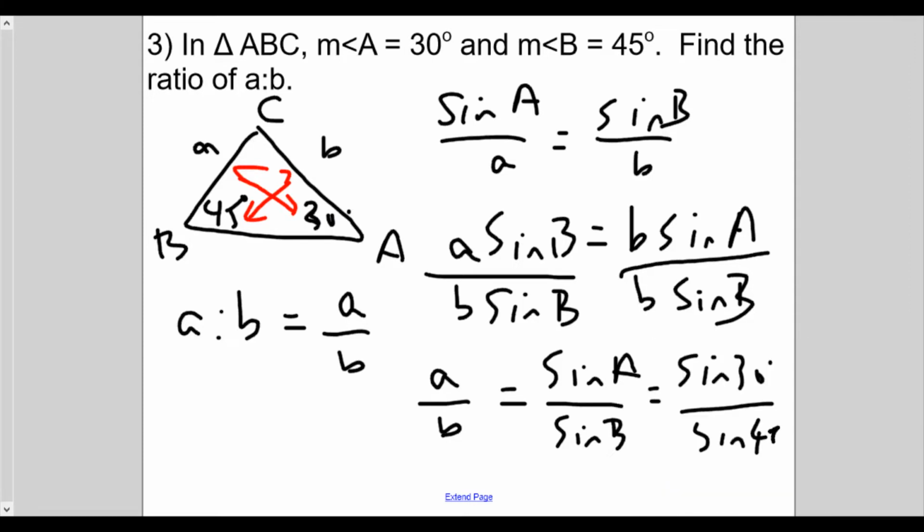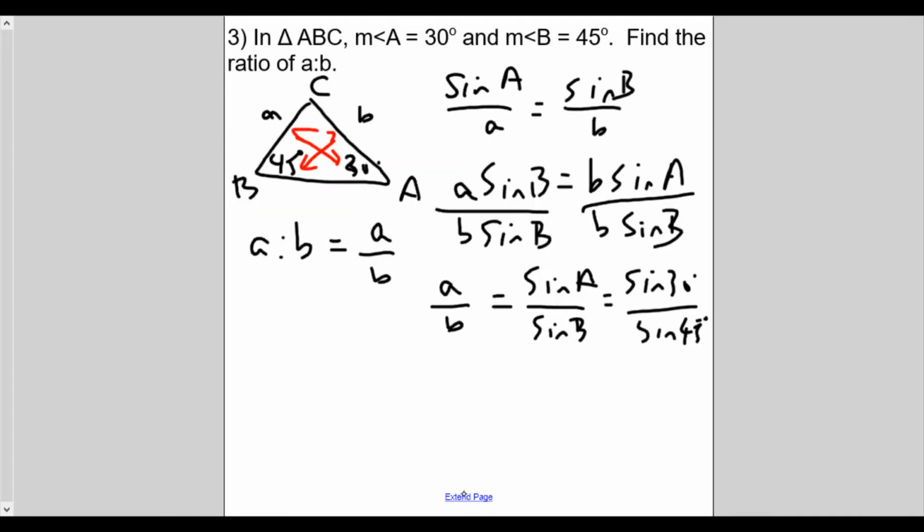Sorry, pop up there. All right. And so what it comes down to is that we can calculate this, but there are some exact values we should know. And I know you guys don't know them, so you'll get the following information. We'll first talk about this from the decimal point of view. So all we have to do is find the sine of 30 divided by the sine of 45. Make sure you close the parenthesis when you do these things, ladies and gentlemen. When you're doing the sine of angles, close the parenthesis on your calculator.